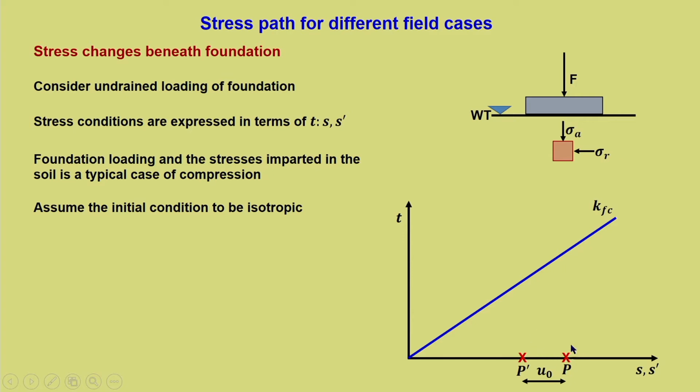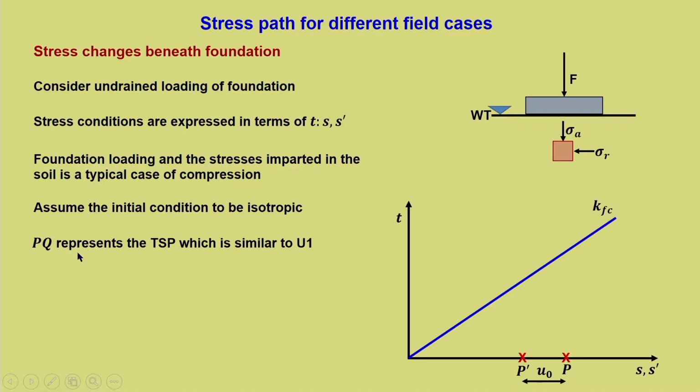Now, we will have the total stress path from P. The same total stress path, when you draw it at P dash, as we have seen in one of the examples earlier, is the total stress path minus the initial pore water pressure. It is a parallel shift that is happening, and sometimes that helps us understand the pore water pressure and effective stress path difference better.